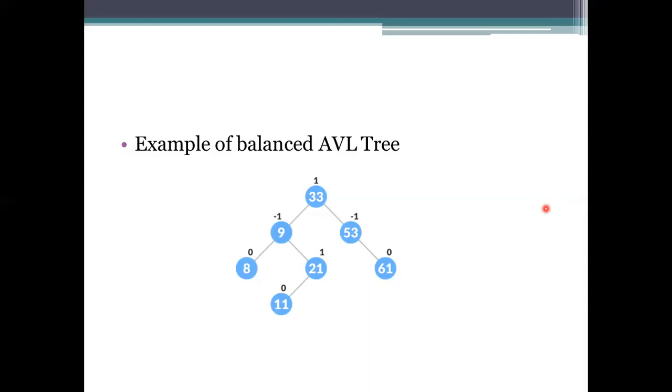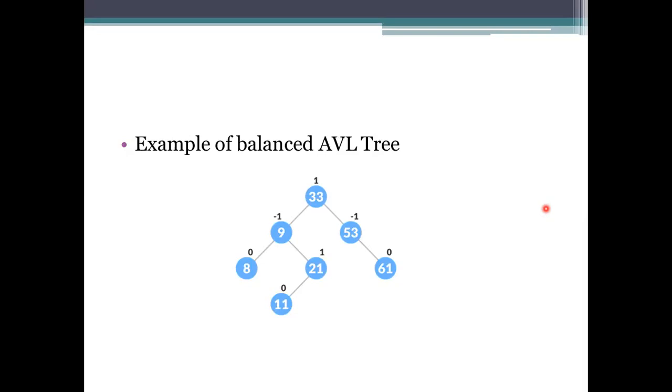If you take the leaf nodes 8, 11 and 61, they are considered as null, because they are taken as the last levels of their particular parent representation.